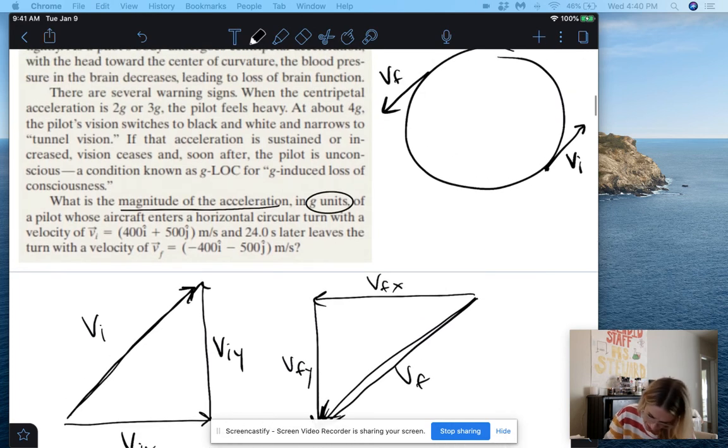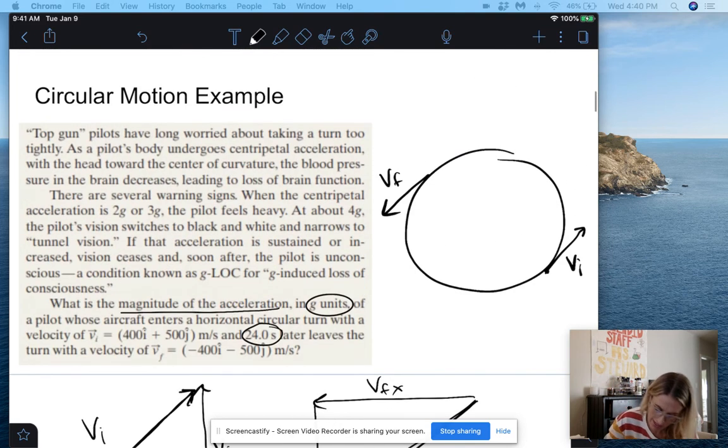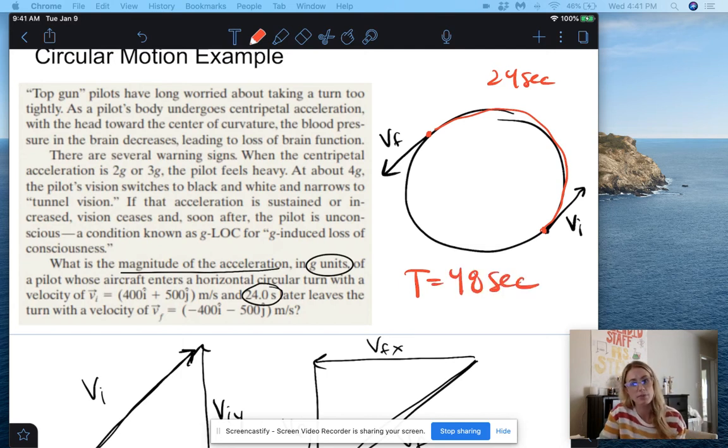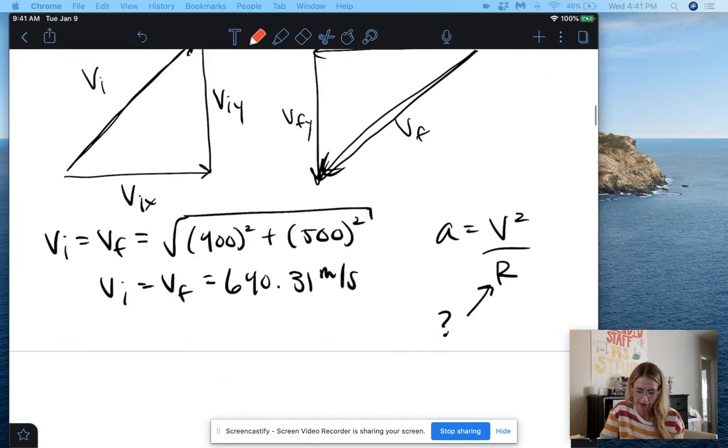It says that 24 seconds later, it's going at that final velocity. So what that tells us is that from here to here, which is half of our path, is 24 seconds. So a full circle would be 48. And remember, the time for one full revolution is called period. So they're giving us period with that information.